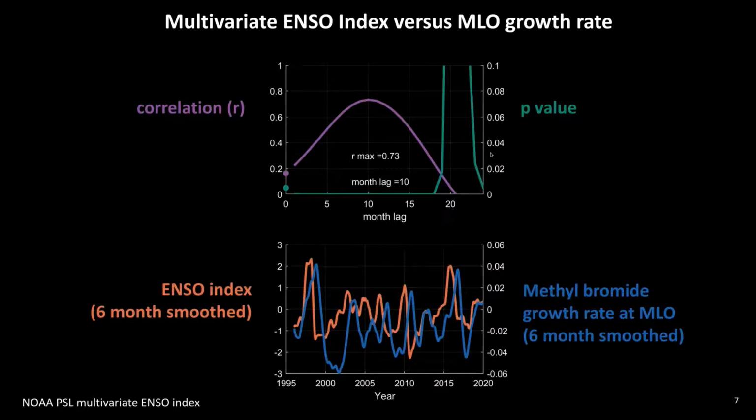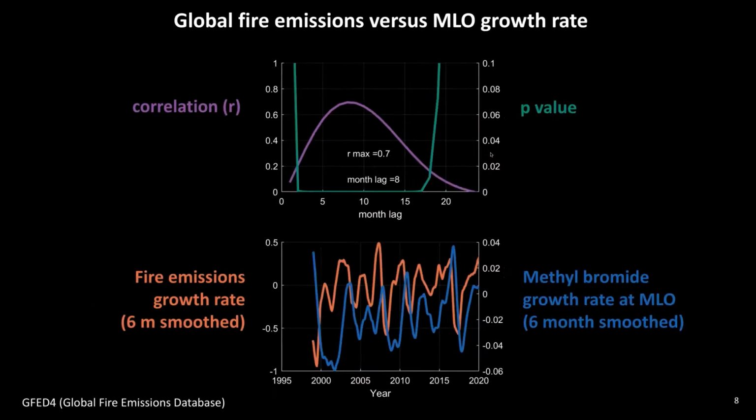That says that we can explain about 53% of the variability at Mauna Loa with the ENSO index alone, which is pretty encouraging. So now we know that ENSO has some correlation with methyl bromide. Then I want to dig a little deeper and say, okay, what aspect of ENSO is causing the variability we're seeing in methyl bromide? The first one is fire.